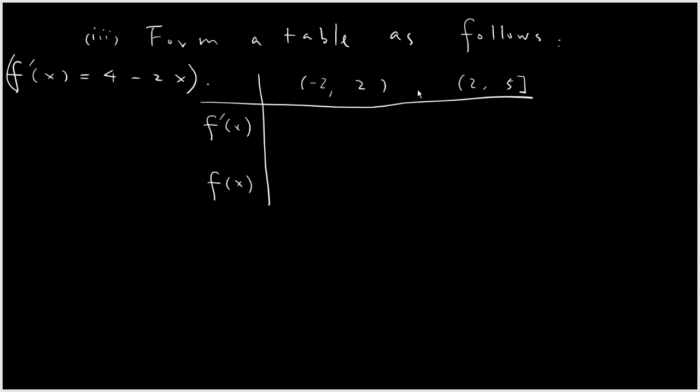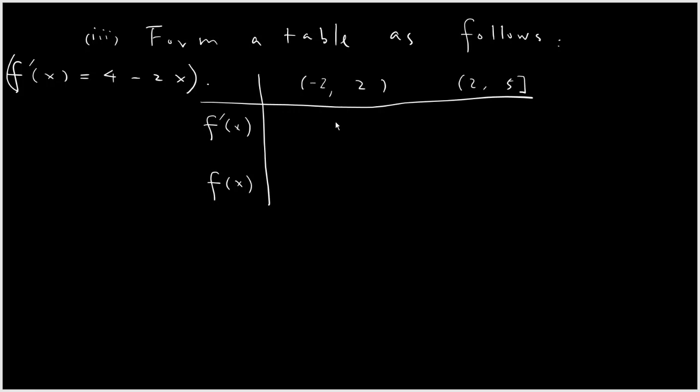Now for instance, at this location, I need to determine if the derivative is positive or negative on the interval from -2 to 2. Now all we need is to use a test number.